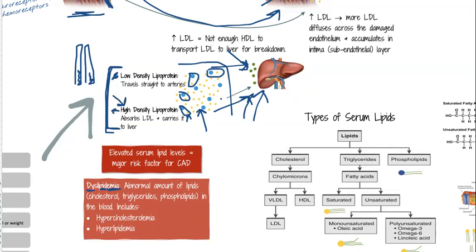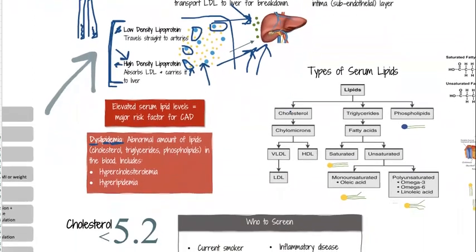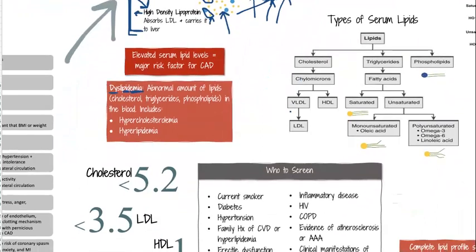Otherwise it builds up. So that's a pretty simple breakdown of where it goes. The important thing to remember when we're talking about all of this is that those LDL are having high serum lipid levels.